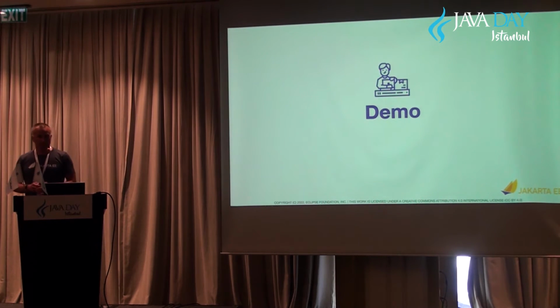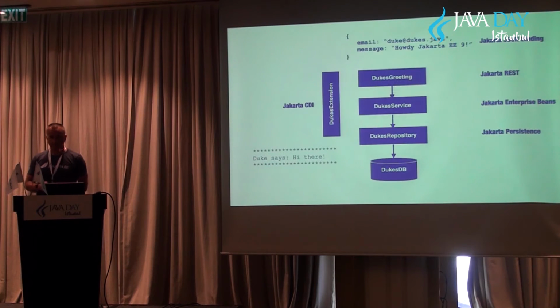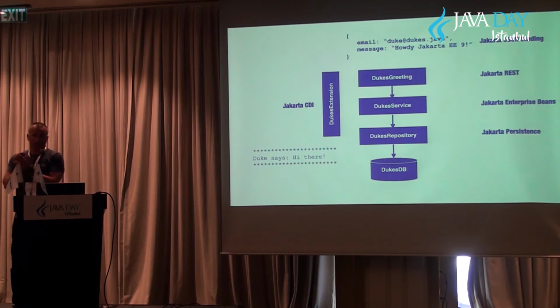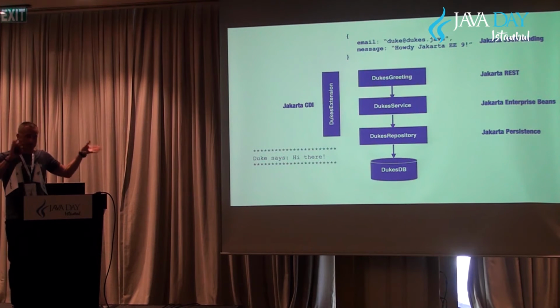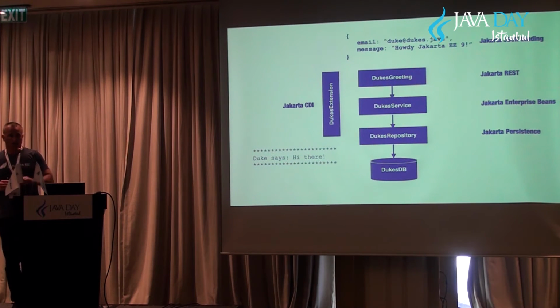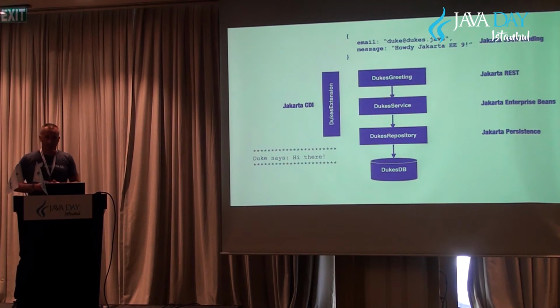And that brings us to a demo. I'm going to take this application and use parts of it in some of the demos, but the complete application is storing a message in a database. It's using Jakarta Persistence to retrieve that message.